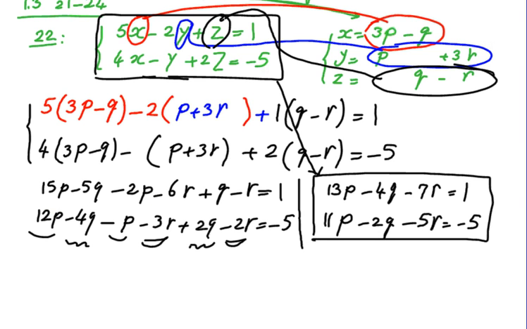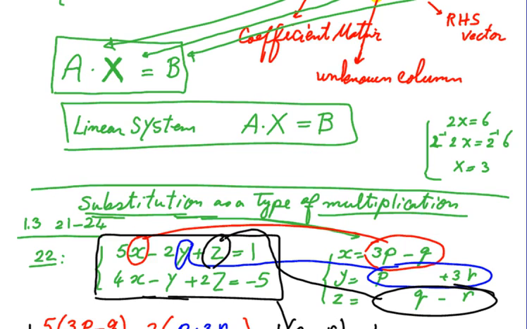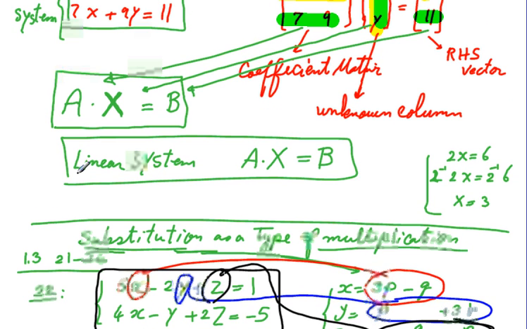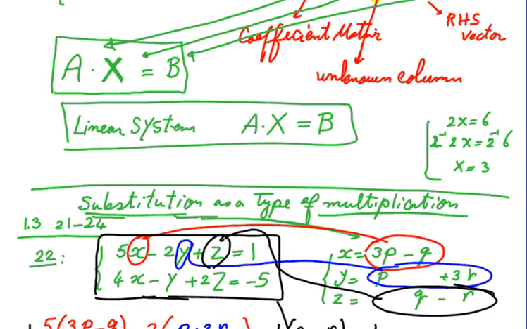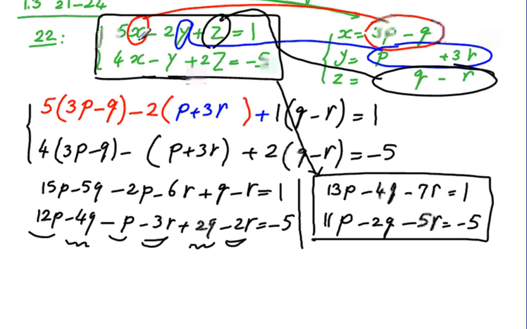Yes, if you remember matrix multiplication, a linear system has a matrix multiplication format. That is, if I take this, help me out here. I take this and write it in the form of matrix multiplication. What should I write?